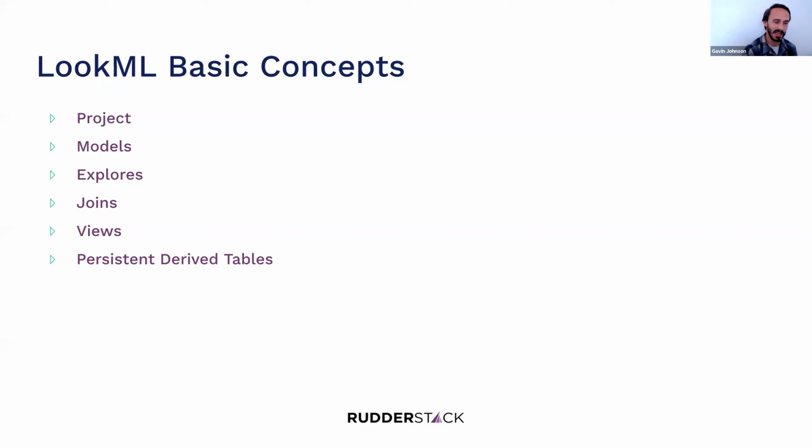And persistent derived tables is actually the one thing about LookML that's kind of interesting and also something that they advise not really using. So persistent derived tables are frankly just materializations back into your database, your data warehouse. I think they advise not to use them because they aren't really an optimized tool for doing that.